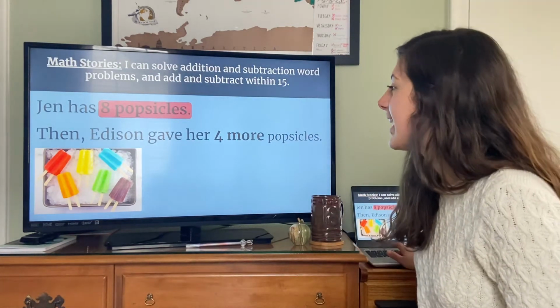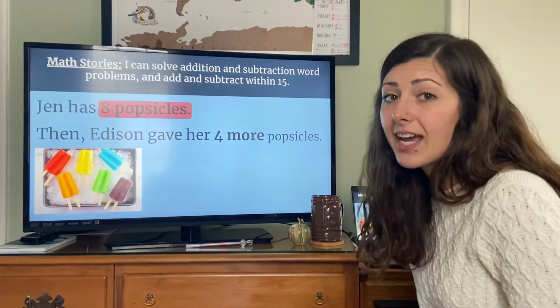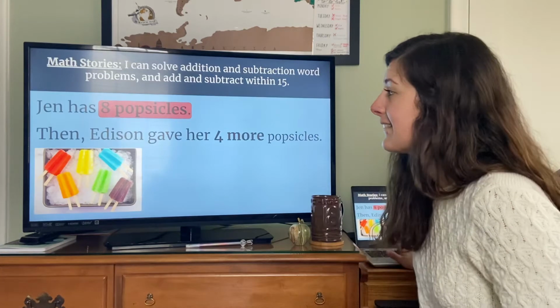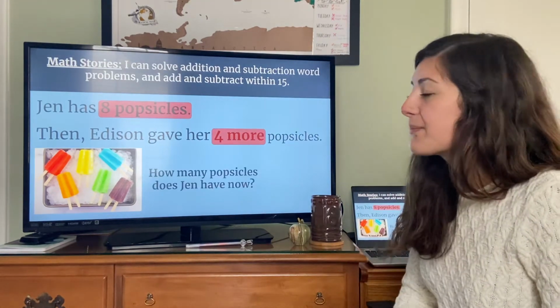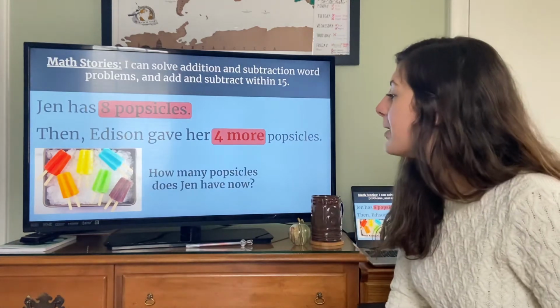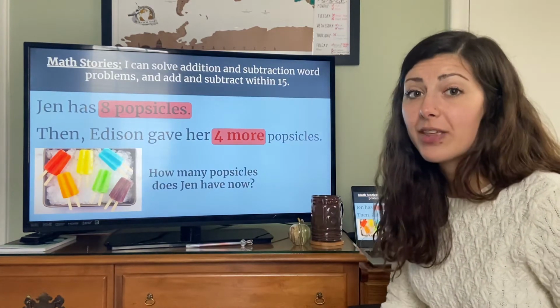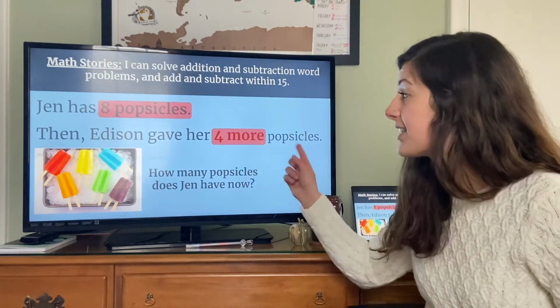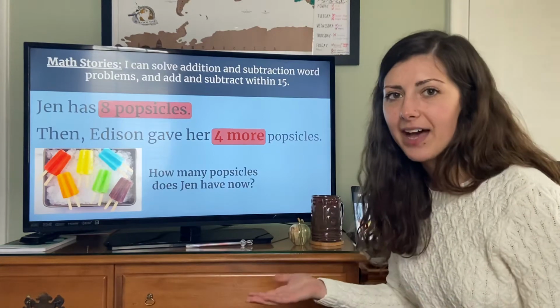Then Edison gave her 4 more popsicles. How many popsicles did Edison give her? 4 more. And then last, my question is asking, how many popsicles does Jen have now? So they want to know, after Edison gave her 4 more, how many does she have?